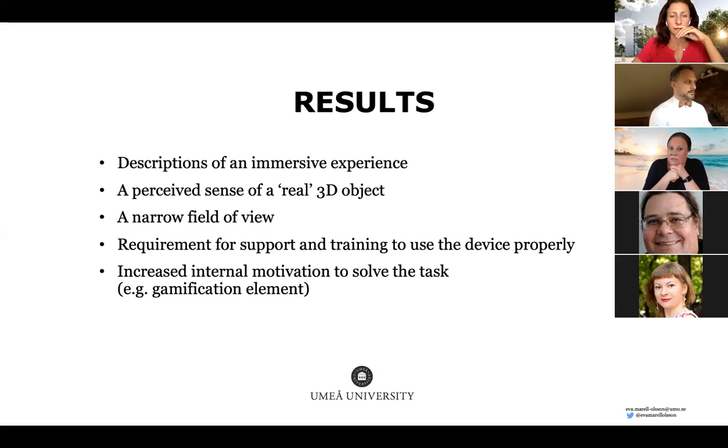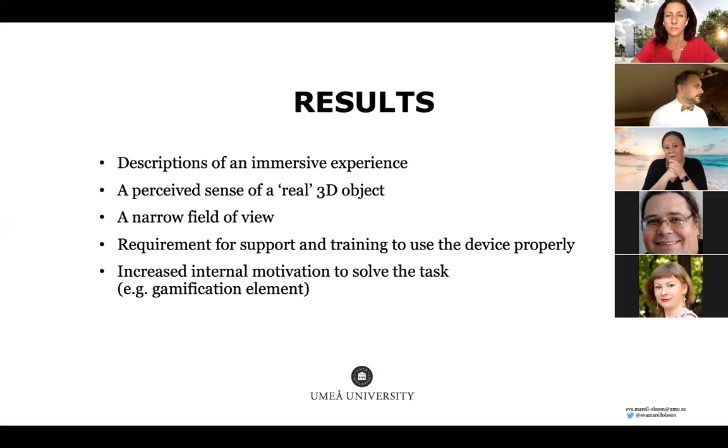The challenges they saw was, of course, a narrow field of view. Some of the students had a big problem focusing on the molecule, and I haven't tried the new HoloLens 2, and as I understand, it has a wider field of view, so that could be something else, of course.